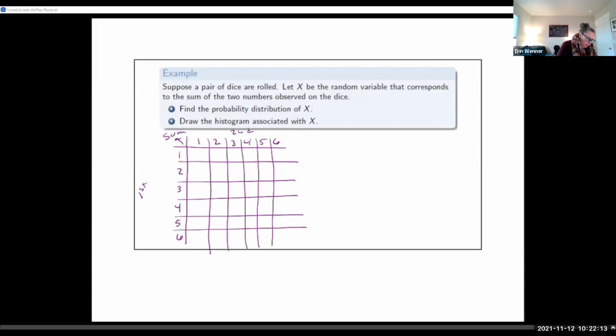So if I roll 2 ones, I'm going to get a 2 for my sum. 1 plus 1 is 2. If I roll a 1 and then a 2, I get a 3. I roll a 1, then a 3, and I get a 4 as my sum. 1, 4, and so forth. So we can just fill in our table.